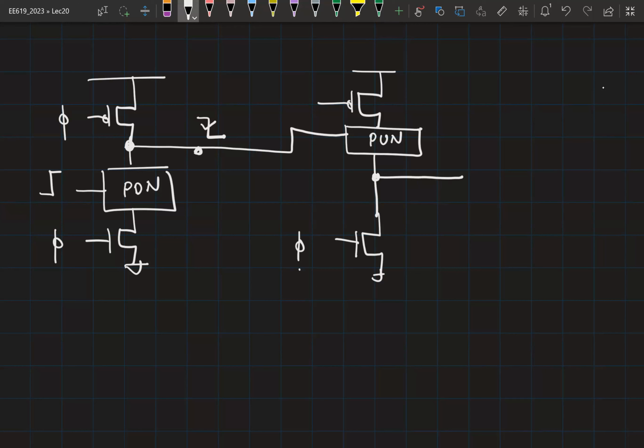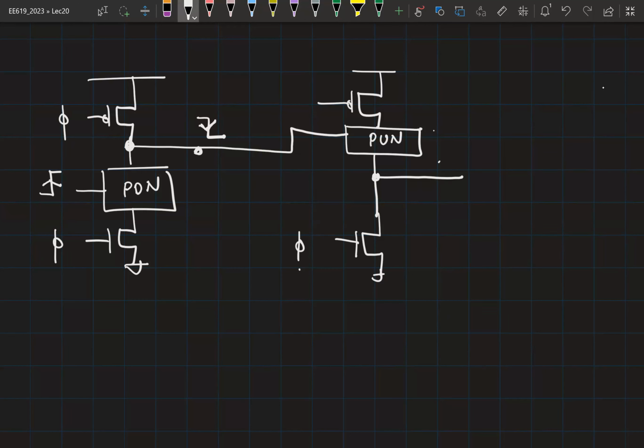So now if you have a falling edge here, that will turn on this pull-up network. If you ensure that you will only have rising edges here during the evaluation, that guarantees that you will only have a falling edge here during the evaluation phase. And the pull-up network will turn on in case there is a falling edge. Right?